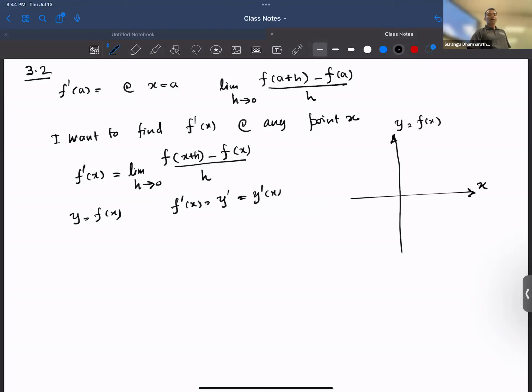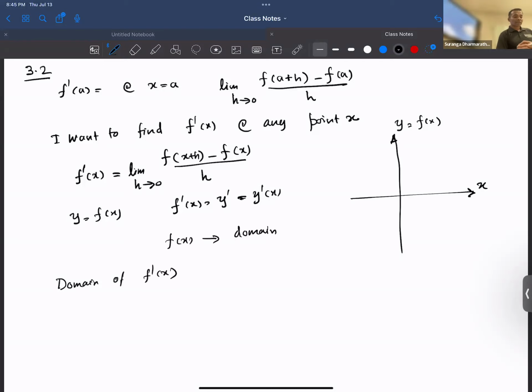Now, the domain of f prime x consists of all the values of x in the domain of f for which the limit exists. So what is the domain of f prime x? Now, f is a function. It has a domain.